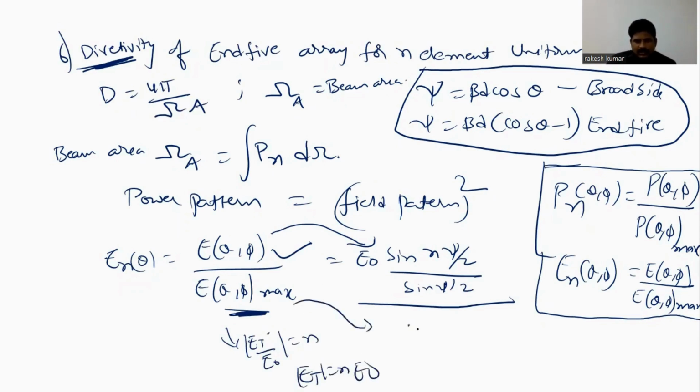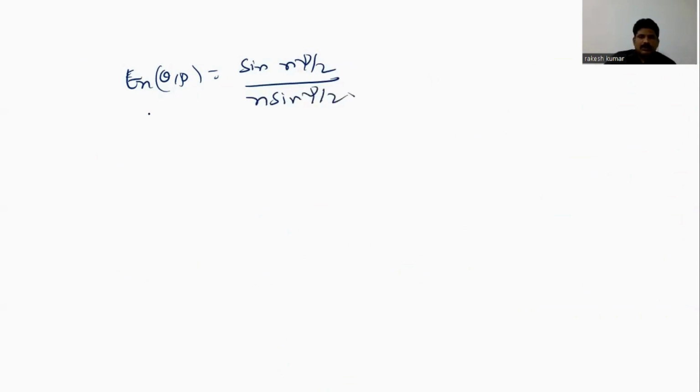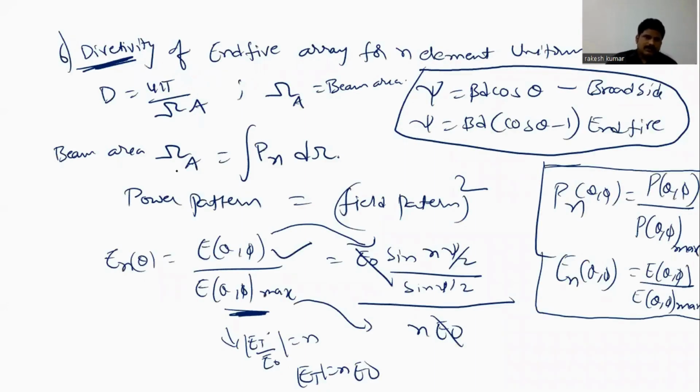We substitute here n into e naught, and e naught will get cancelled. So finally, the value of n of theta comma phi is equal to sine n psi by 2 by n into sine psi by 2. Okay, now let us come to our derivation.